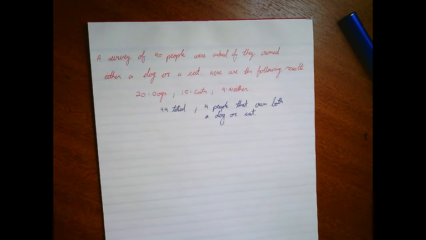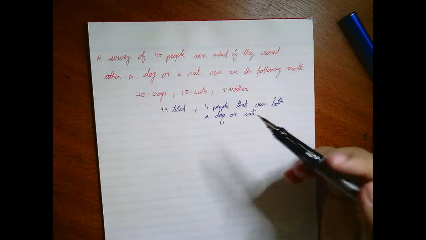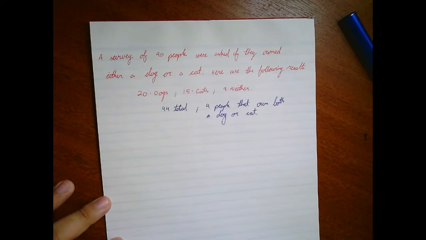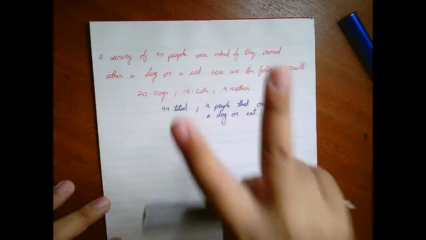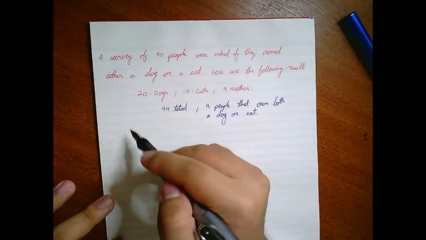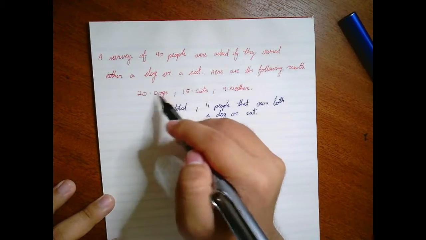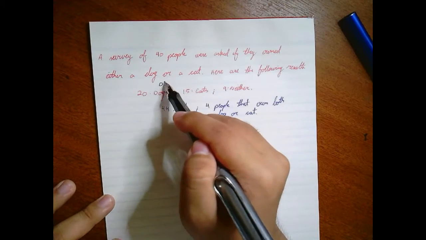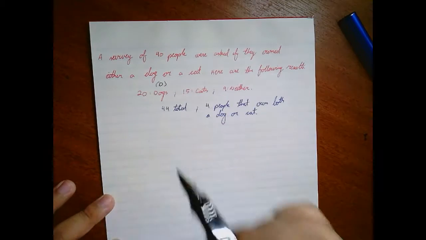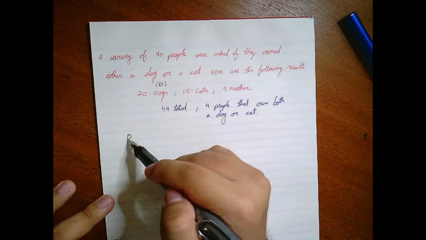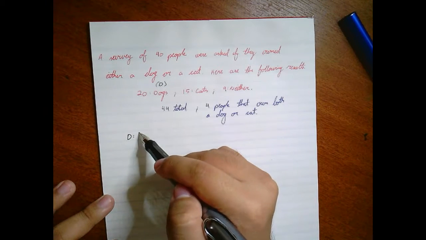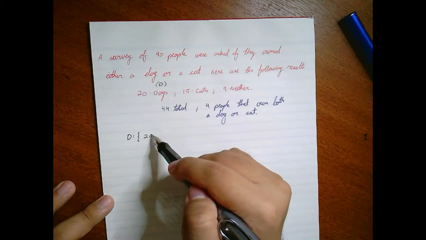So now, so we can better understand this, there are actually 2 groups, or you can think of it as 2 events. So we have group D for dogs. For the group of dogs, there are 20 owners.